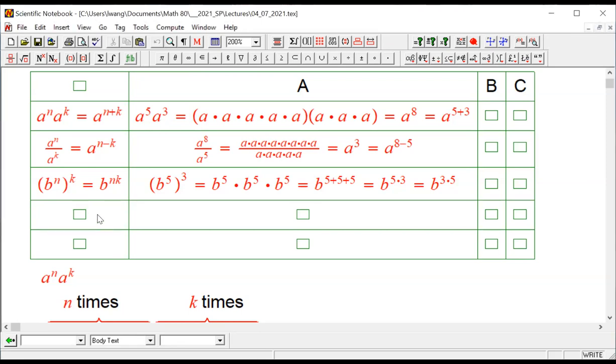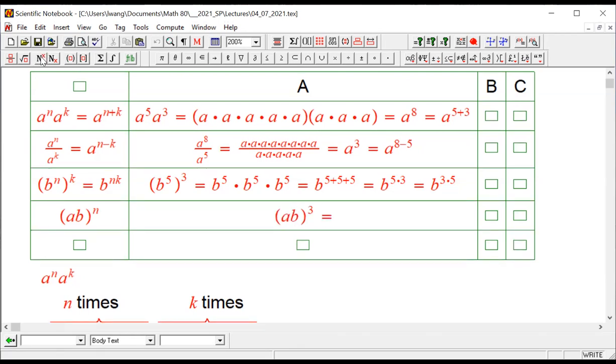So the next one is A times B inside the base, a product, and we have the power n. Okay, so these will be relatively easy. For example, if you have AB to the power 3, what does that mean? That means A times B, 3 times. 1, 2, 3, right?